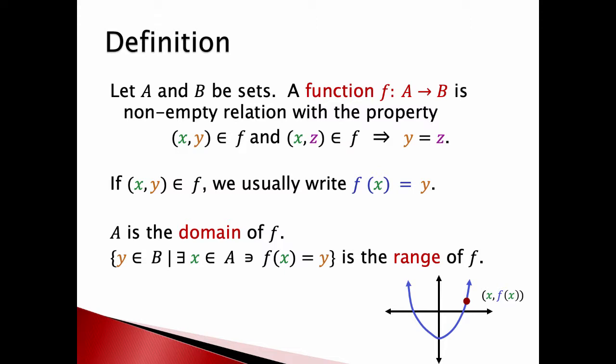That's what the range is. If you think about this on the graph, that's all the y coordinates so that you can go back and find an x so that that y coordinate is f of x for that particular x that we found.